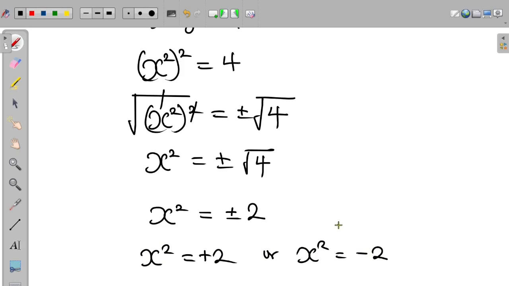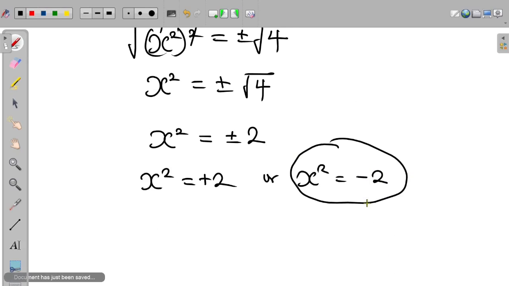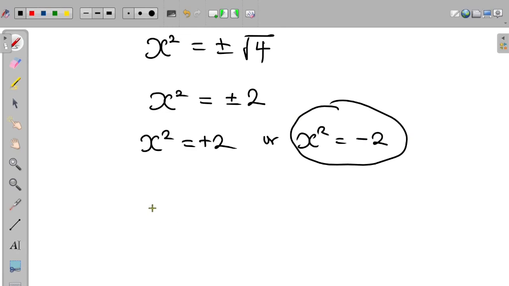Now, at this point, we will obtain an imaginary number here. So we are working with real numbers. So at this point, we can take the root of both sides again. So we have that root of x squared is equal to plus or minus root of 2.